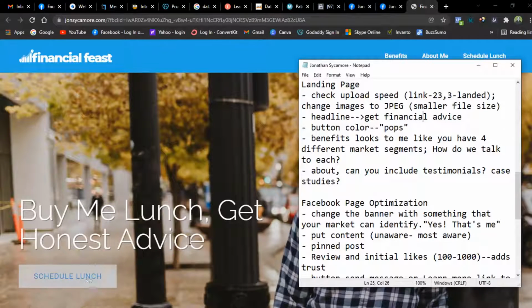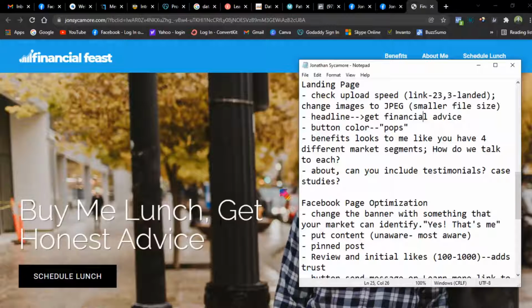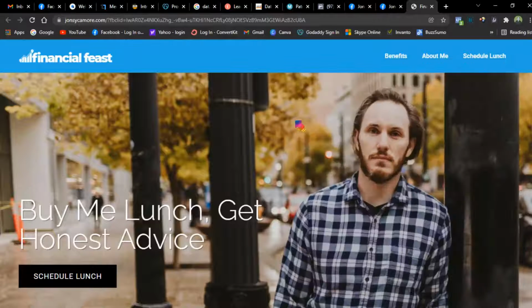So schedule lunch, the button text is great. It's very personal, but I think you can still improve this by changing the button color to something that pops up. Right now it's black, and it kind of blends in with the pictures.